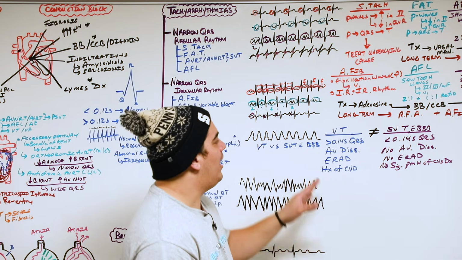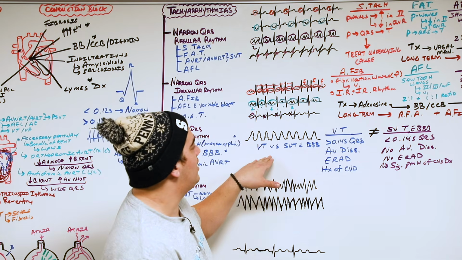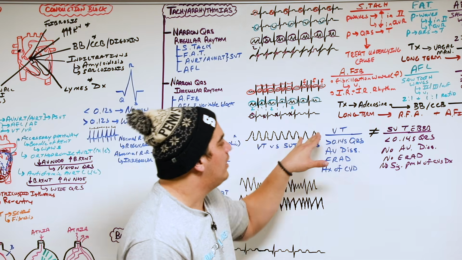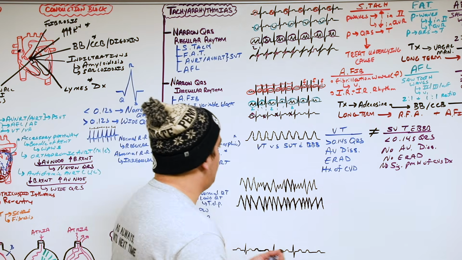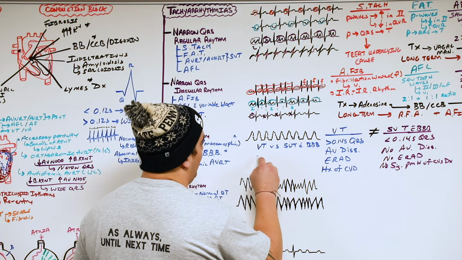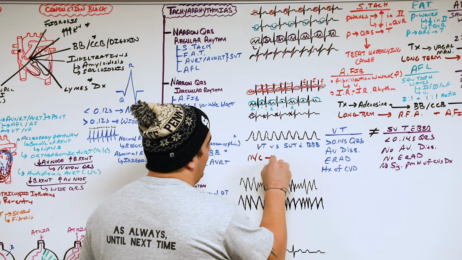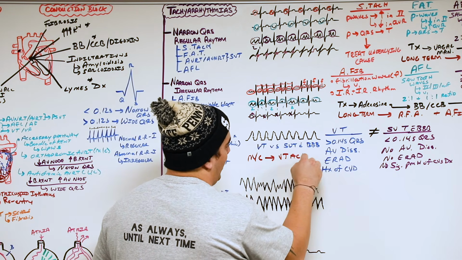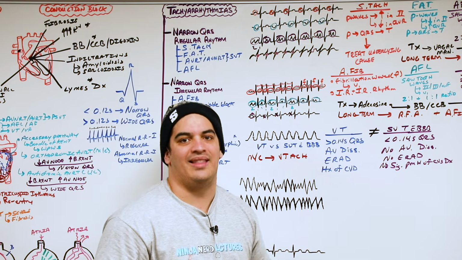So that's why pretty much every time you see someone who has a wide, regular tachycardia, the first thing on your differential should be VTach, since it's the most common. Treat it empirically in that sense.